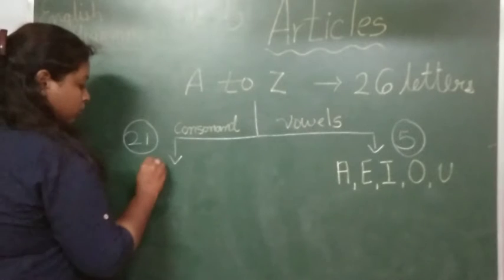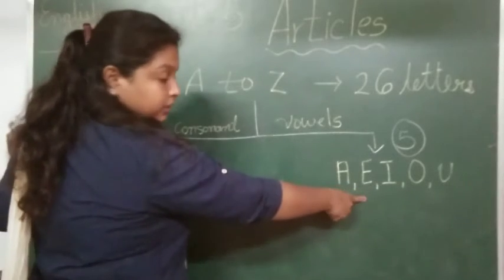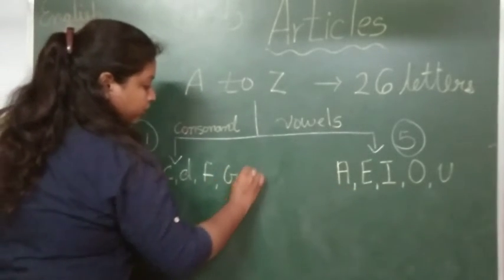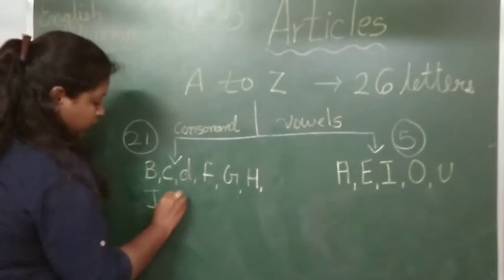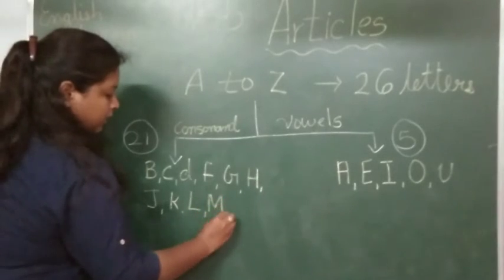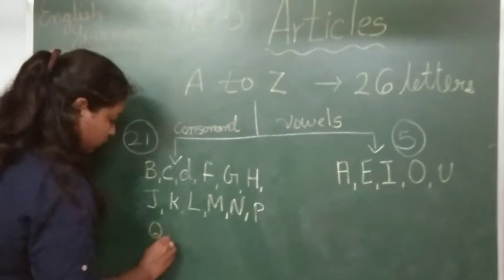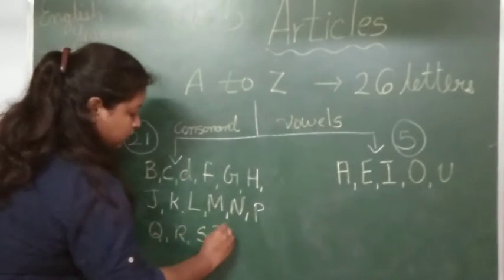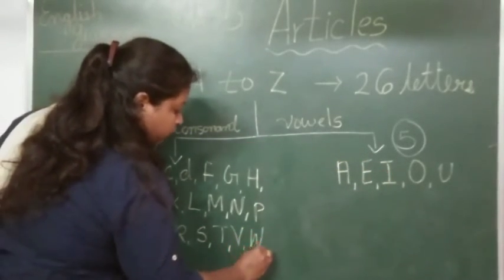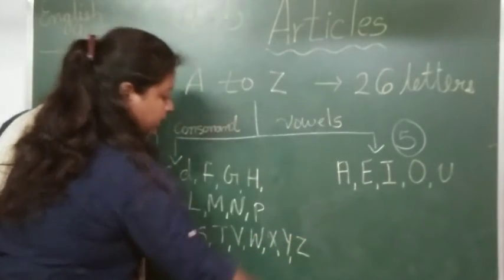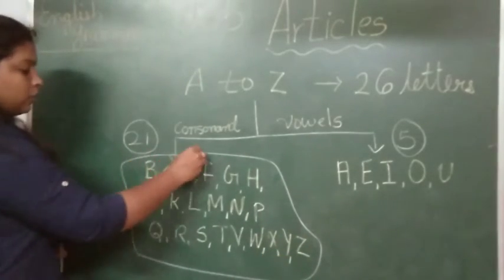A is there, so B will be here, C, D, F as E is here, next G, H, I you can find here, J, K, L, M, N, O is there, P, Q, R, S, T, U is there, so we'll write V, W, X, Y and Z. So these all are known as the consonants.